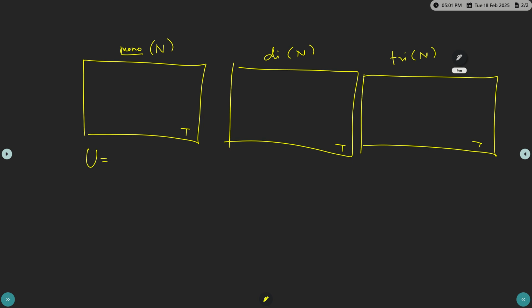They only have kinetic energy. Each degree of freedom gets half kT. In a monoatomic gas, what is the number of degrees of freedom? 3. This is the average energy of one molecule, and there are capital N molecules. So this is the formula for internal energy of a gas, 3 by 2 nkT.